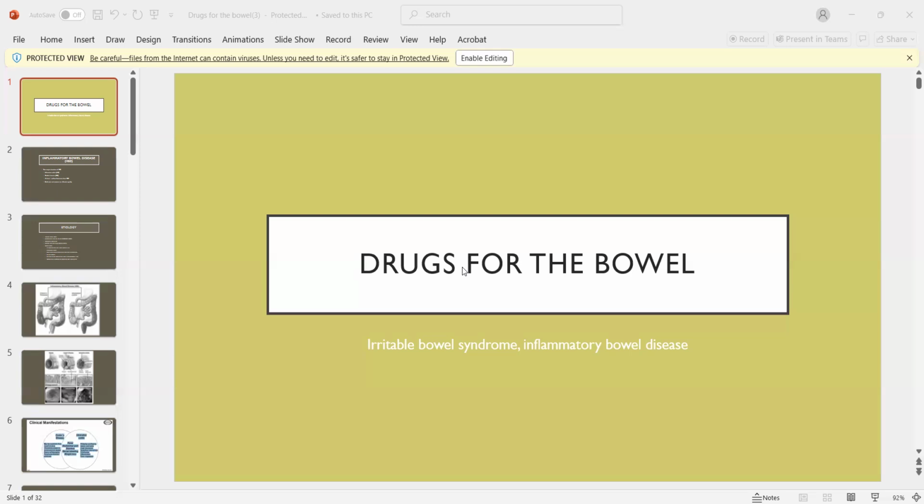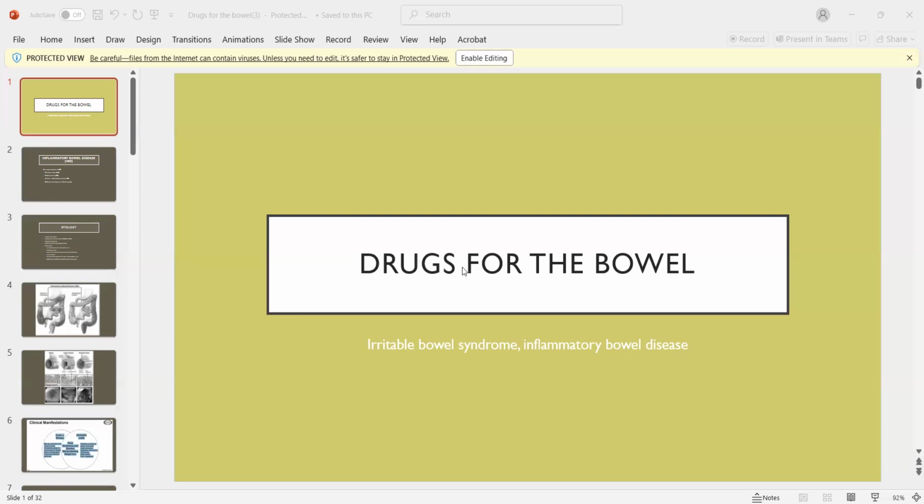Then there's another drug that is a little bit newer. It's called tenapanor. The trade name of this drug is Ibsrela. Sounds like a little girl's name or something like that.